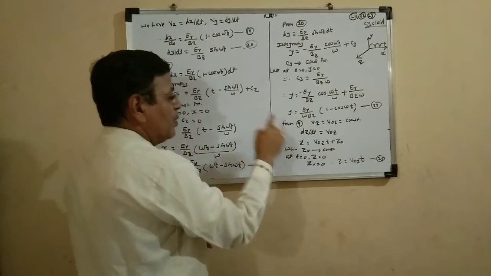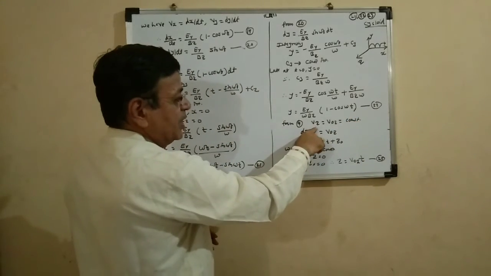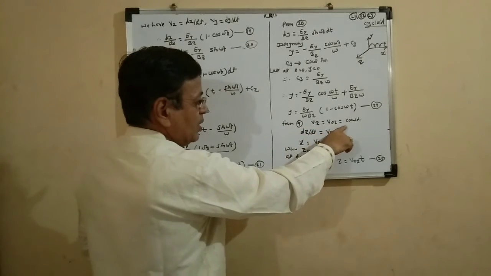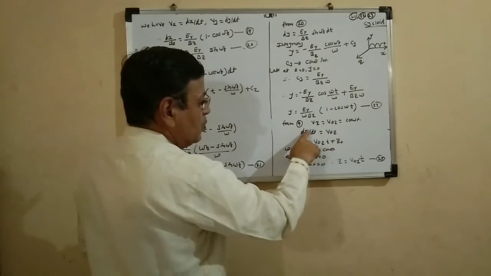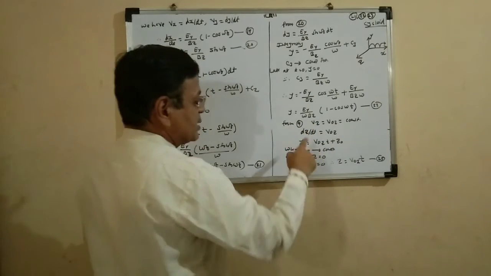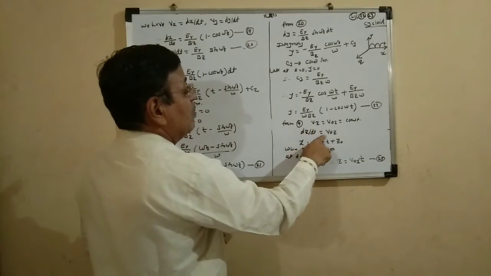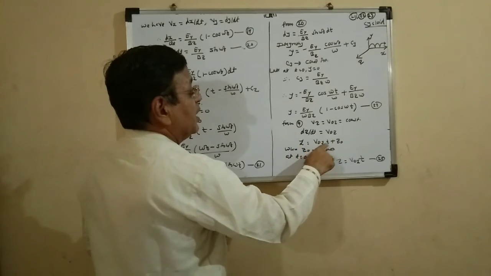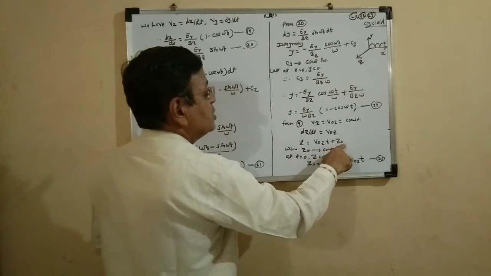So from equation 9 we have Vz is equal to V0z, which is constant. So Vz is nothing but the velocity along z-axis. So dz by dt is equal to V0z.